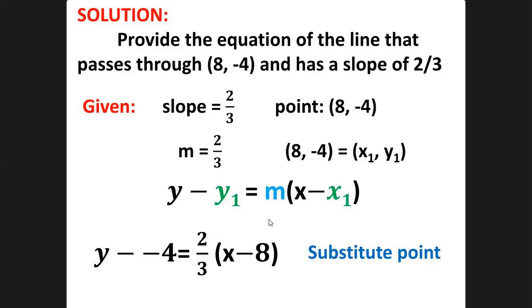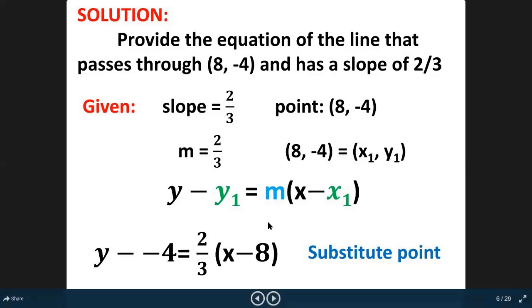We are going to remove y1 and put instead of it -4. And then we will remove x1 and put instead of it what, grade 9? X1, 8. Yes. So the formula will be y minus -4 equals 2 over 3 times x minus 8.